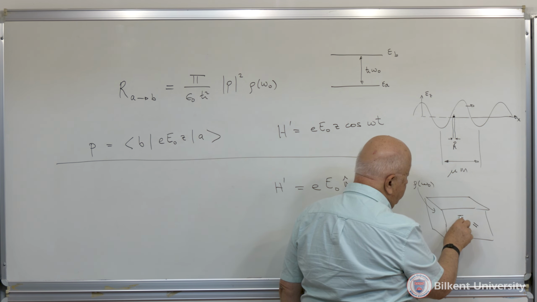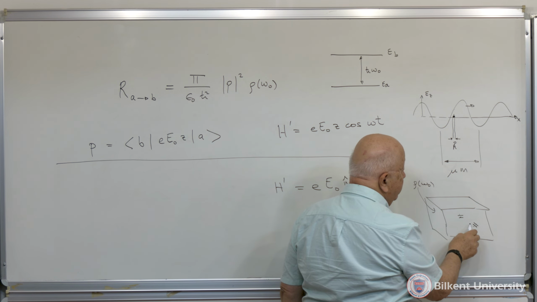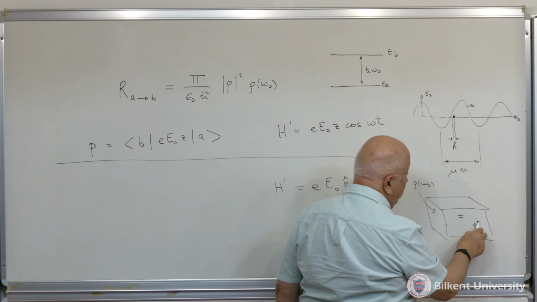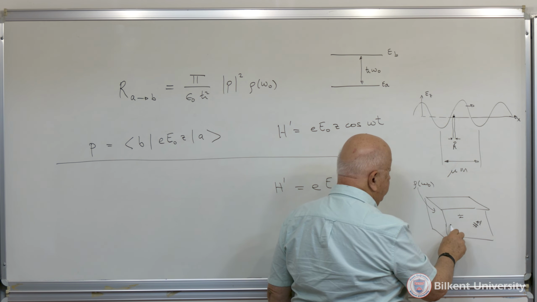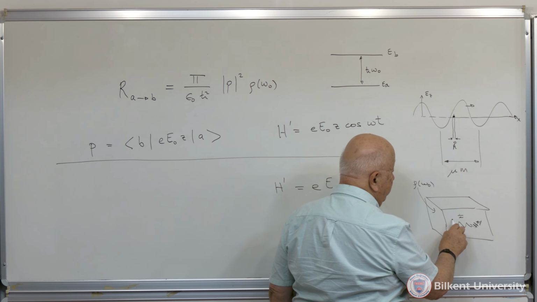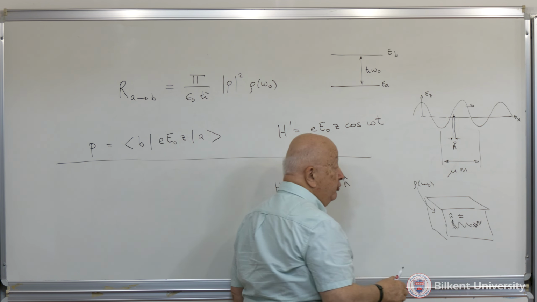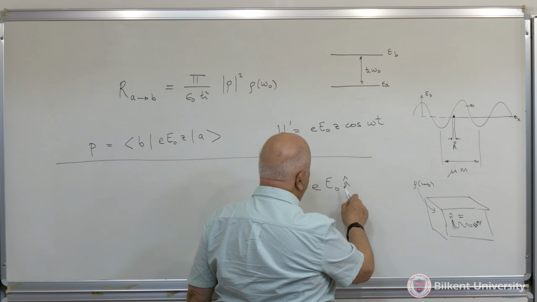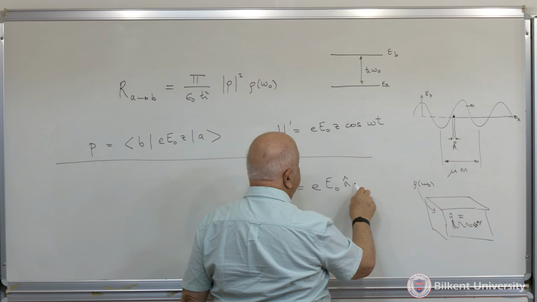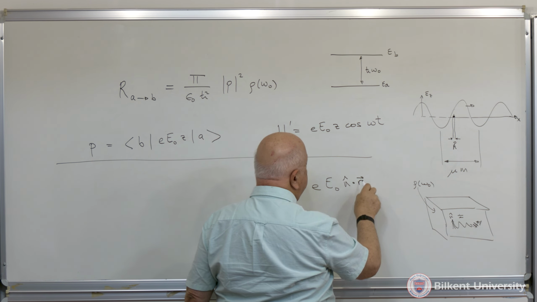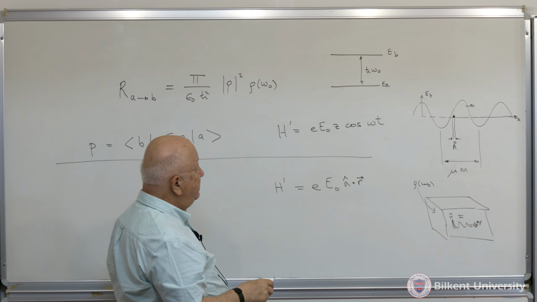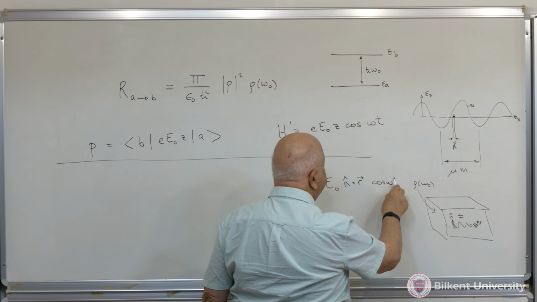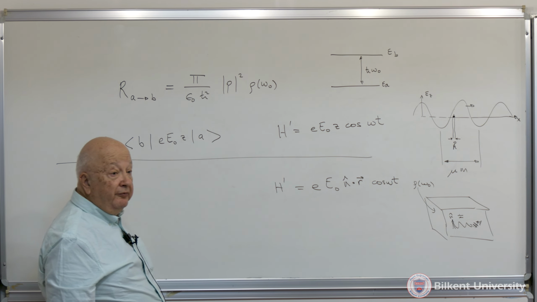So there will be many of these two-level atoms, and their Z is going to be in one direction. The polarization of the electromagnetic field that's hitting it is going to be in some other direction. So instead of using the Z coordinate, we are going to use the general R coordinate in place of Z. And then at this stage, we are just again going to assume that there's this simple cosine omega t variation.